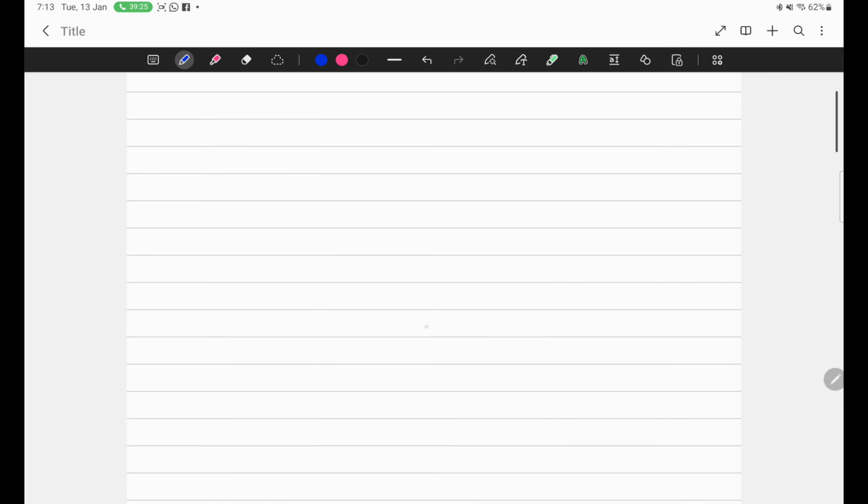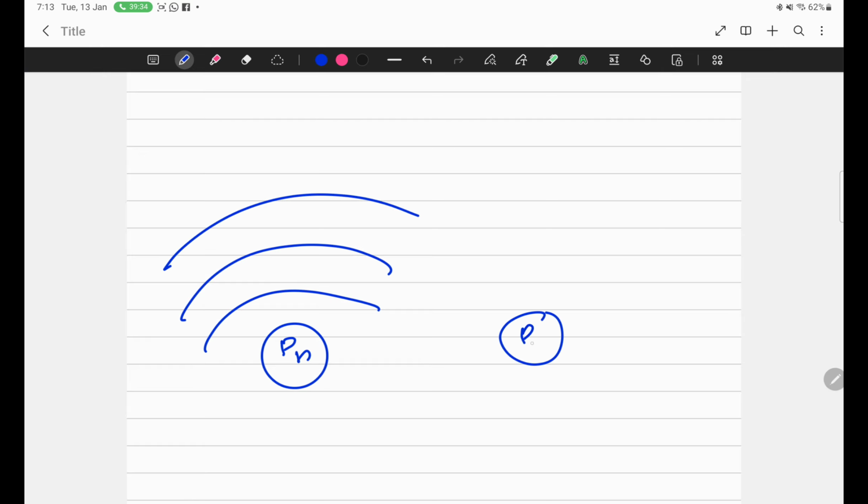So the question is, consider we are studying a thermistor, and consider this is an atom of thermistor, and this is another atom of thermistor.